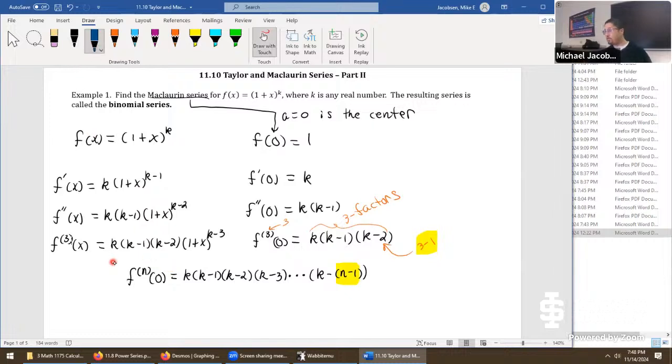It then tells us that the coefficients Cn are k, k minus 1, k minus 2. I'll just put 3 factors on the first part. The last factor, we could rewrite if we prefer as k minus n plus 1. All of it's divided by n factorial.